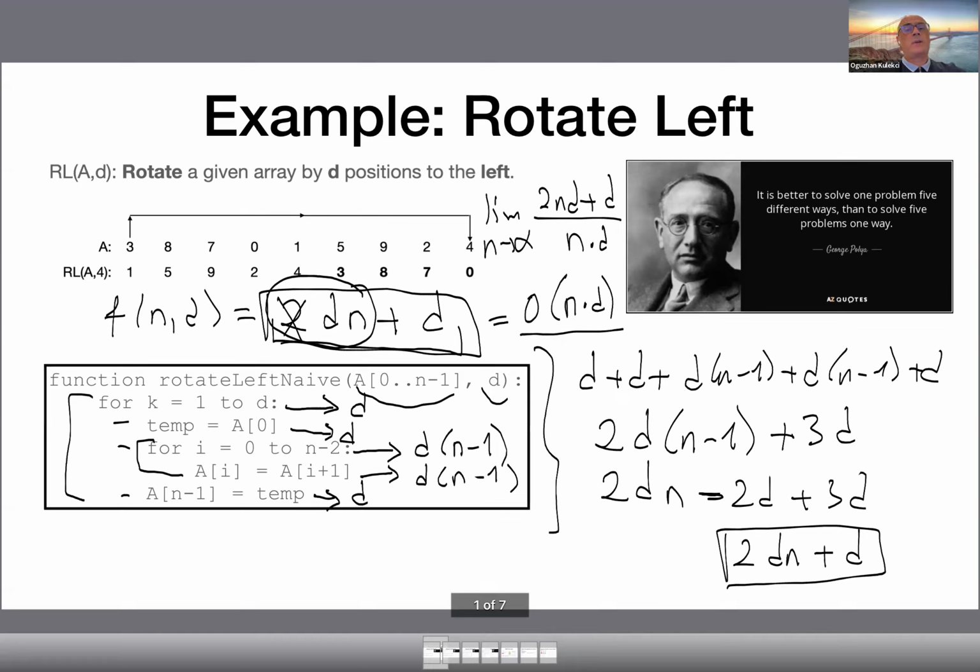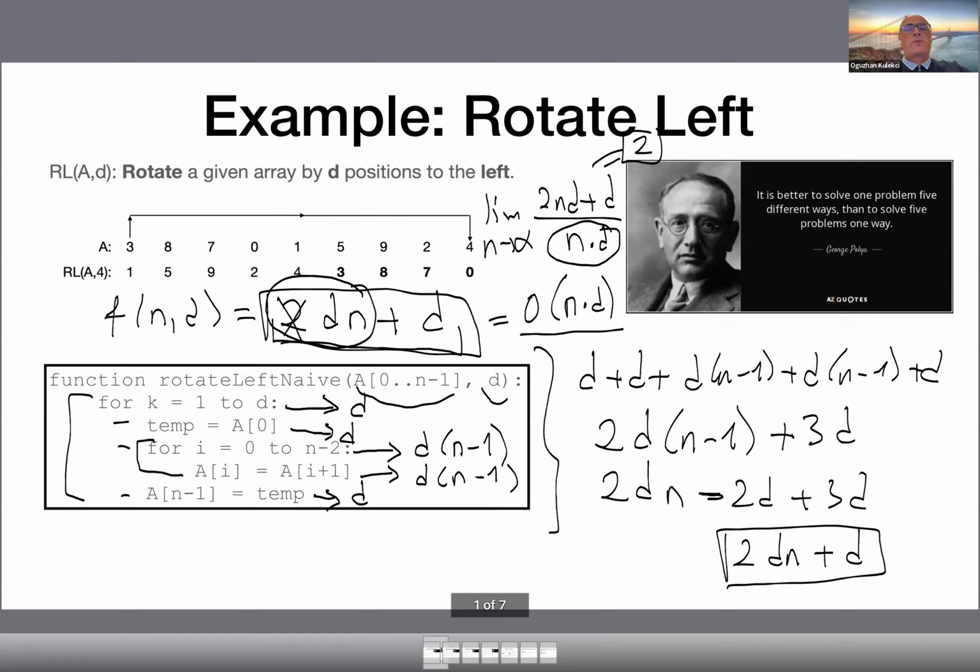This limit will go to a constant. Remember from the previous lecture that when the limit goes to a constant, the function I am investigating is in big O of the denominator. So that's big O of n times d.